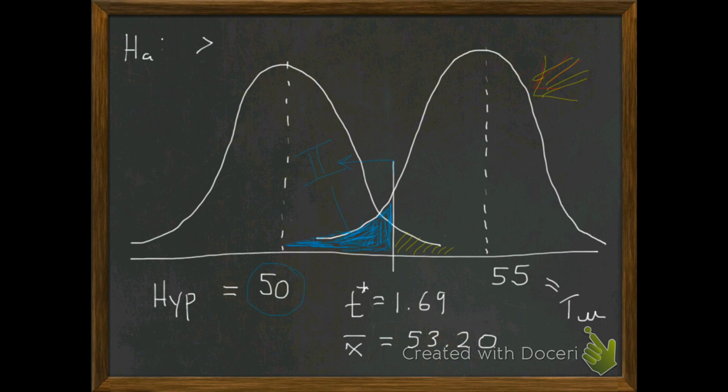But the calculation of our error has to occur in this distribution because that's the distribution we're truly drawing from, because that's the true distribution. So with this distribution right here, anything to the left of this line would lead us to believe we're residing over here, when indeed we're really in this distribution right here.